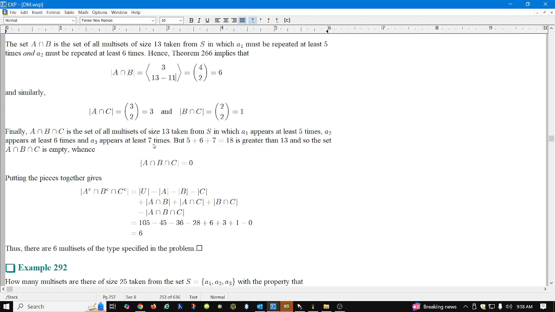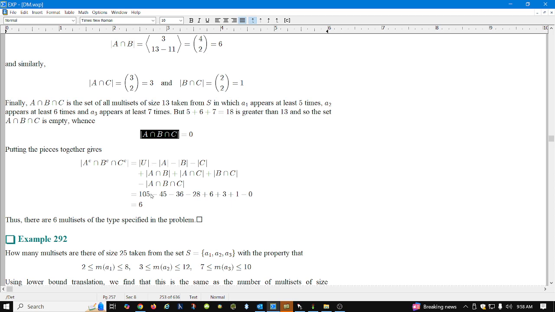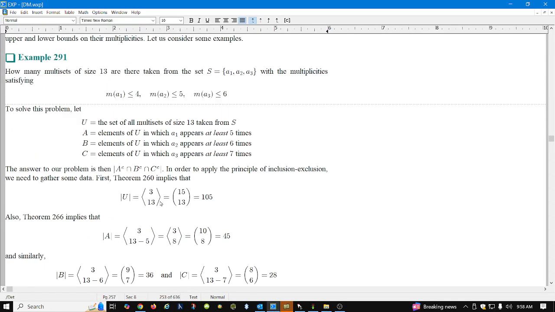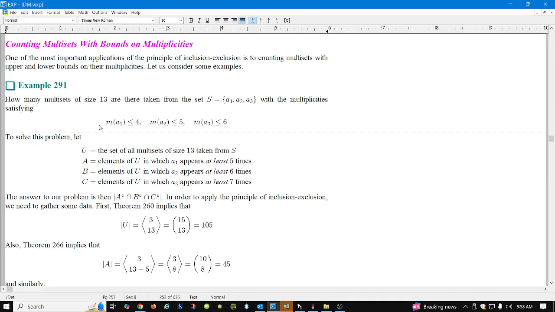This cannot happen, so this intersection is empty. Applying the formula, this is arithmetic now, 6. There are 6 multisets that satisfy these upper bounds.